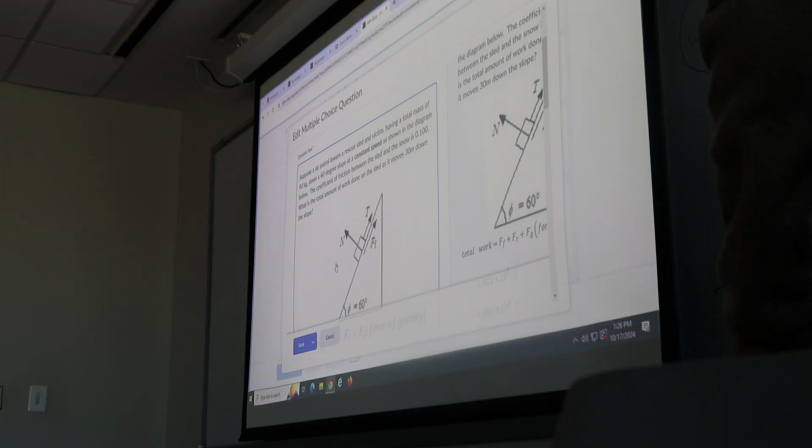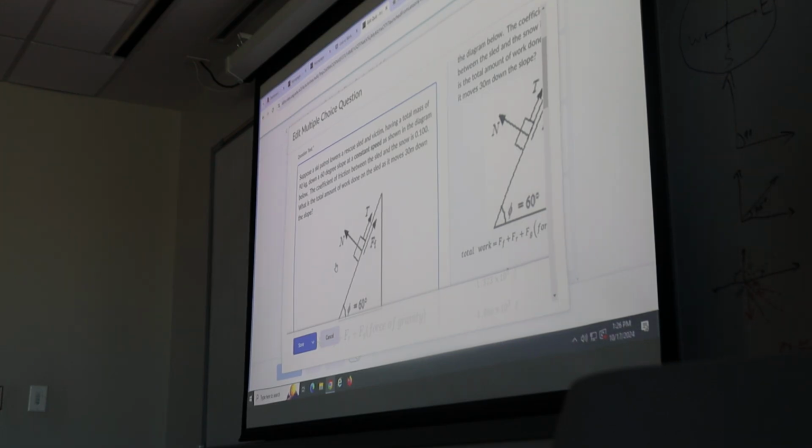How do I solve for my force of friction with this work? Maybe we could look at some of our equations over here, where we were looking to relate what work is.